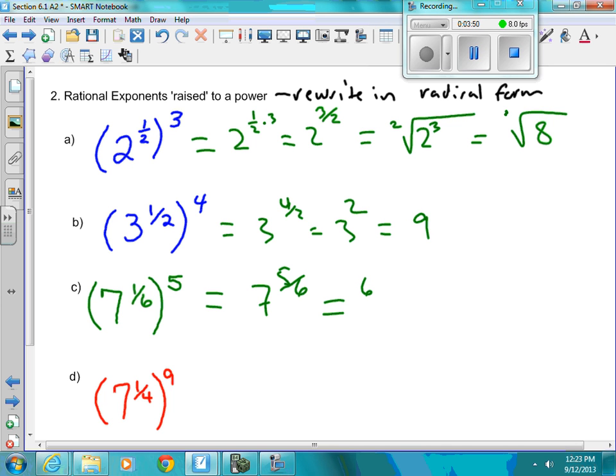So it would be the 6th root of 7 to the 5th power. You can put that in your calculator to see what that number would be. And 7 to the 1/4, to the 9th power would be 7 to the 9/4 power, or the 4th root of 7 to the 9th power. And we can evaluate 7 to the 5th and 7 to the 9th in our calculator. I'll leave that for you.